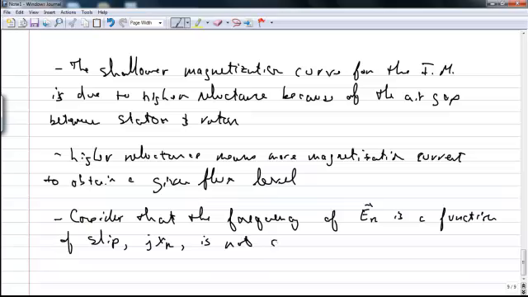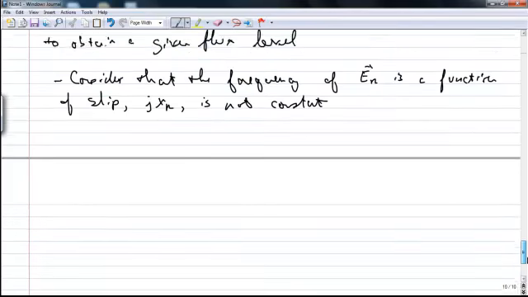And therefore it's not constant like it was in the transformer model.